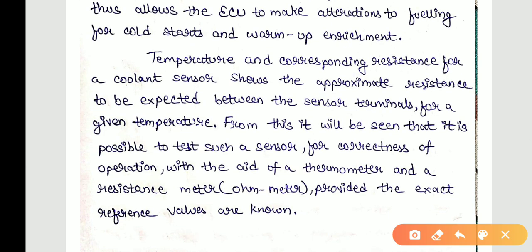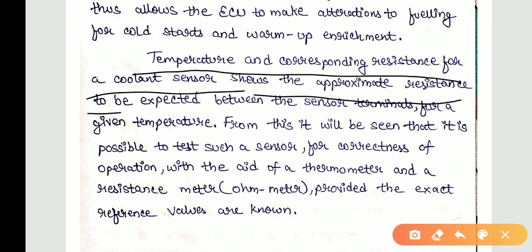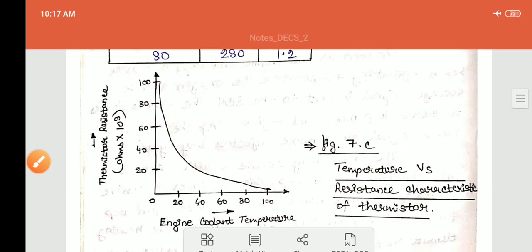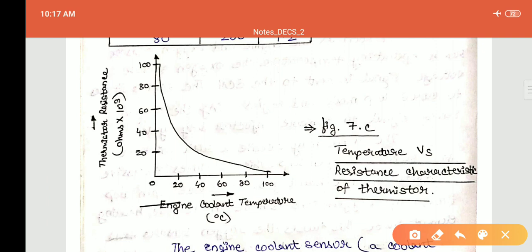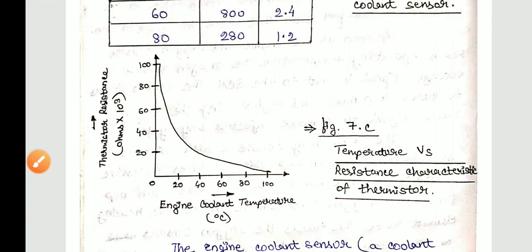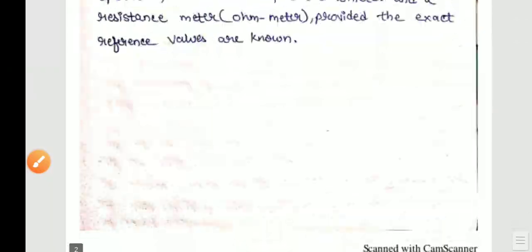The last paragraph says the temperature and corresponding resistance for a coolant sensor shows the approximate resistance to be expected between the sensor terminals for a given temperature. This means it is basically discussing this graph. When the engine coolant temperature increases, the thermistor resistance decreases.